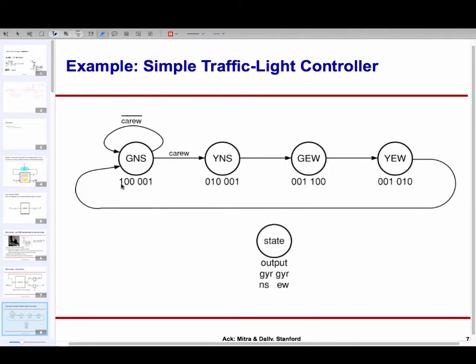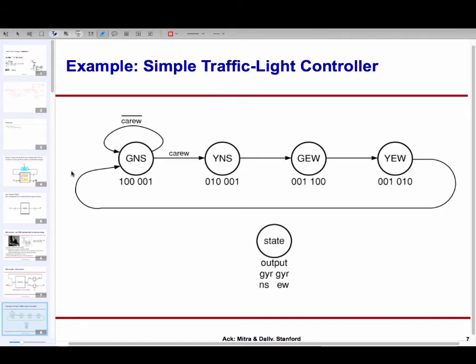Here, north-south is green and east-west is red. Here, north-south is yellow, east-west is still red, and then north-south becomes red, but east-west is green, and then finally east-west is yellow and north-south is red, and it cycles back.